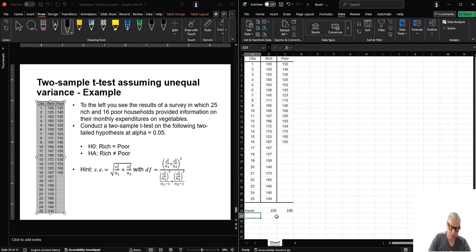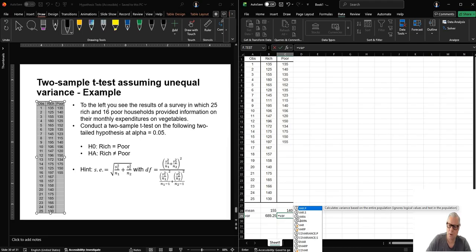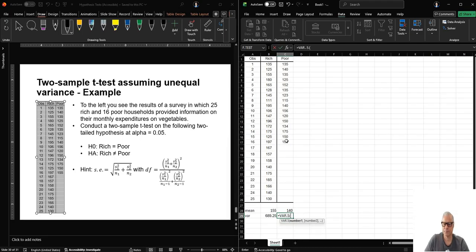Now let's take a look at the variance. The rich have a variance of 689.25 and the poor of only 246.